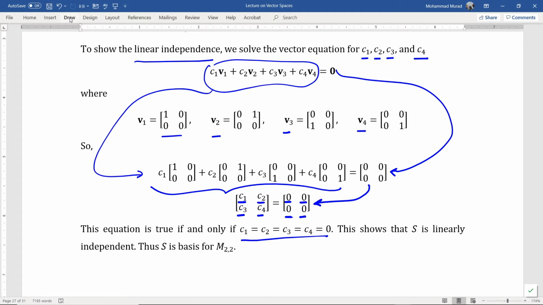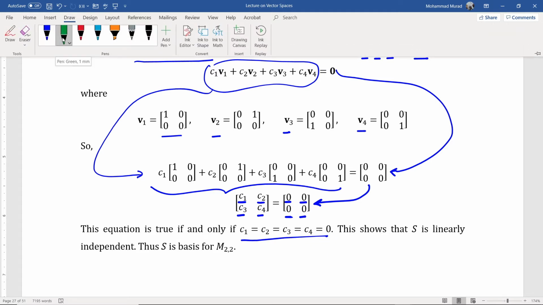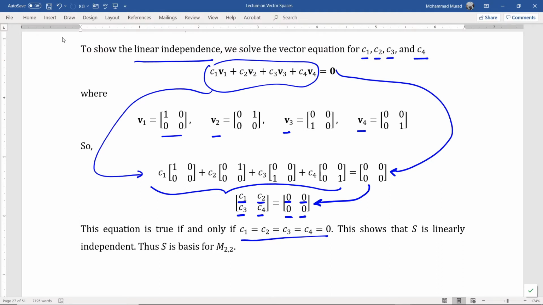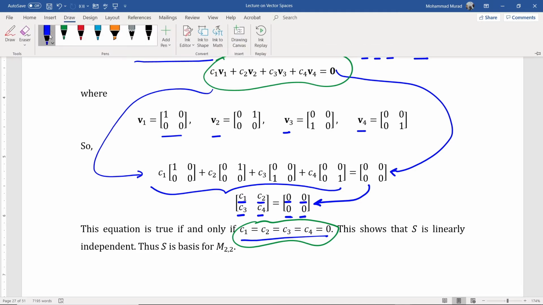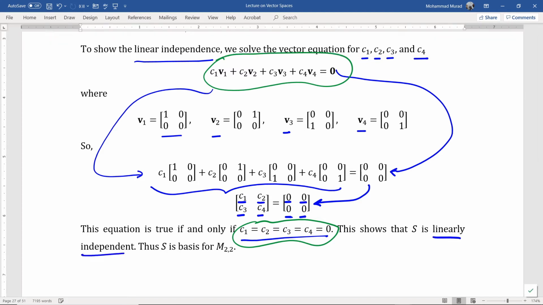So the equation we see here is only satisfied for this trivial solution. This shows that the set S is linearly independent. Thus, S is a basis for the vector space M sub 2,2.